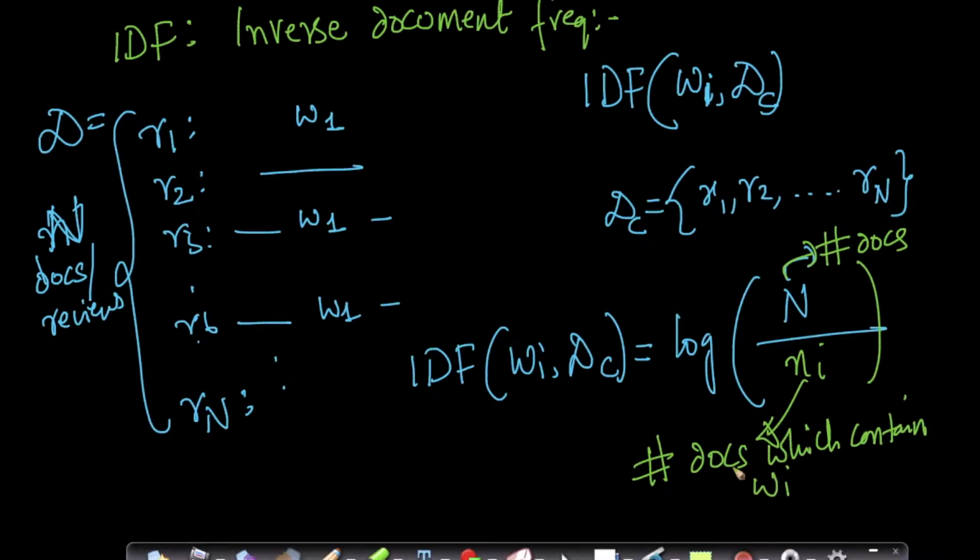WI. So the IDF definition has to be very clear. IDF is the IDF of a word in a given document corpus. The document corpus is the set of all these reviews or documents that you have. It's your basic logarithm function of capital N, where N is the number of documents, the same n, and ni is the number of documents which contain my WI.